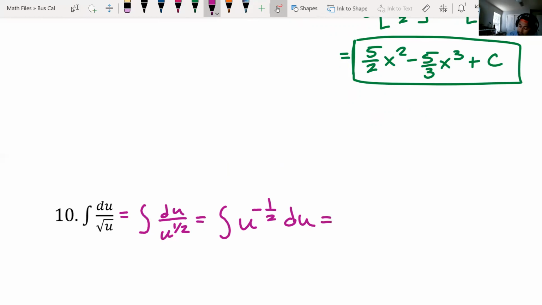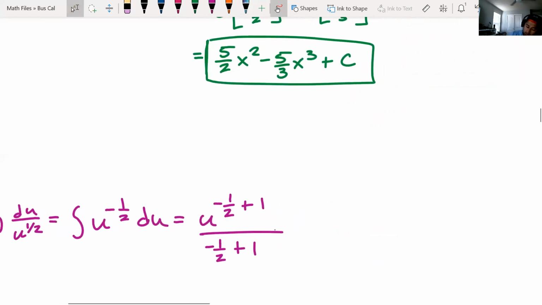And guess what? We're using power rule. U to the negative 1/2 plus 1 over negative 1/2 plus 1. We're going to get, well, negative 1/2, that's negative 50 cents plus $1. So that leaves me with positive 50 cents over 50 cents. Okay.